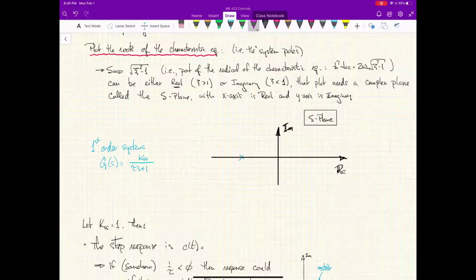They're going to be two real numbers, and when we say plot them, you're really putting them on a straight line, a real axis, and you'd be done. But for an underdamped system, zeta can be between 0 and 1, and we have this imaginary component to the roots of the characteristic equation. If we want to put them on a graph, we're going to need a complex plane to do so.